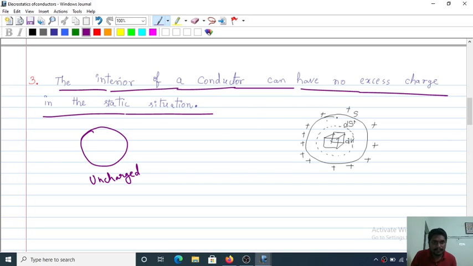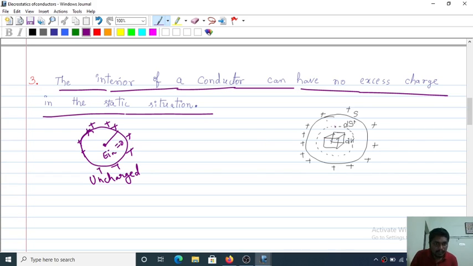In the previous class, in the Gauss law chapter, we discussed that the electric field inside a spherical shell is zero.